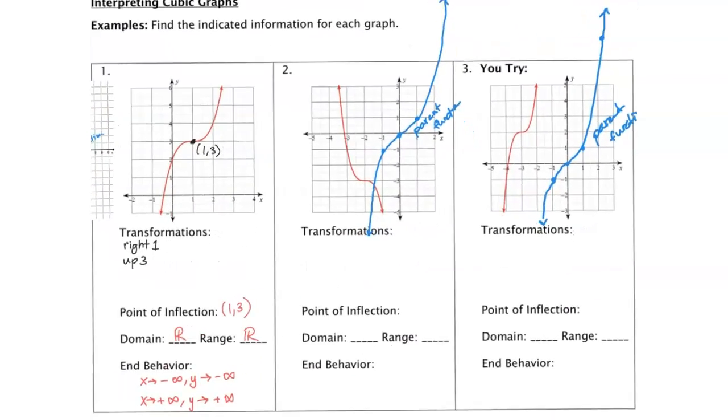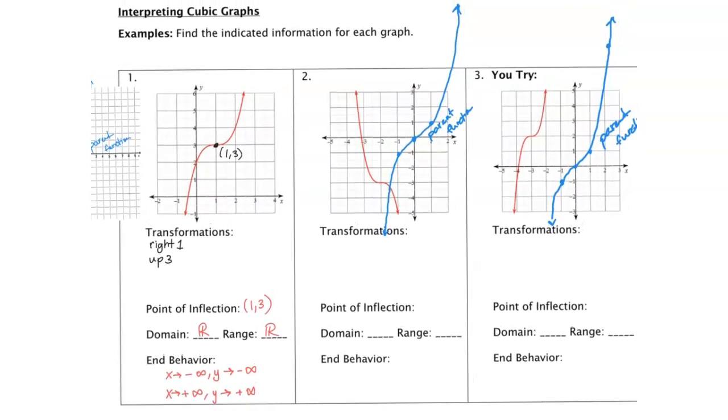Okay. Trying number 2. Number 2 kind of looks like a confusing graph, but I've tried to incorporate our parent function here in blue. Here we have our point of inflection. Again, it's usually at 0, 0. And then we have our new curve. Notice that they're going in 2 different directions. The parent function is going up from left to right, but this one is going down from left to right.